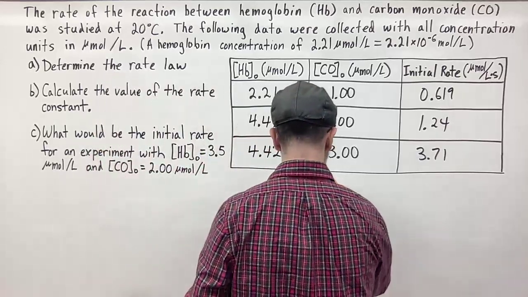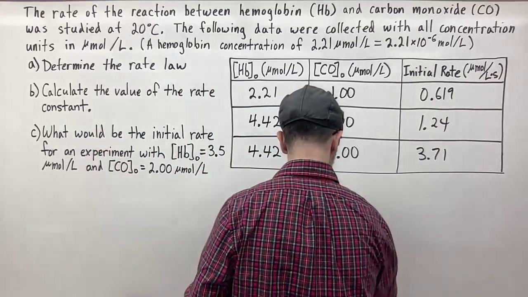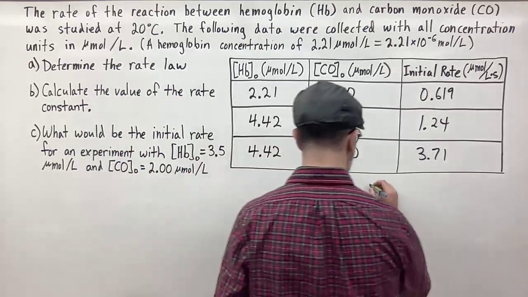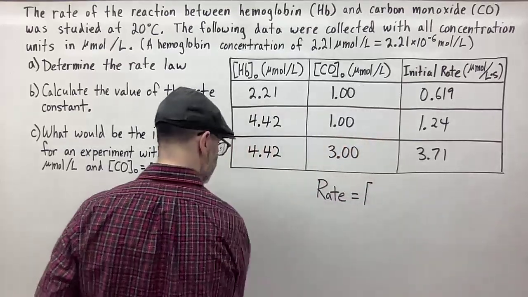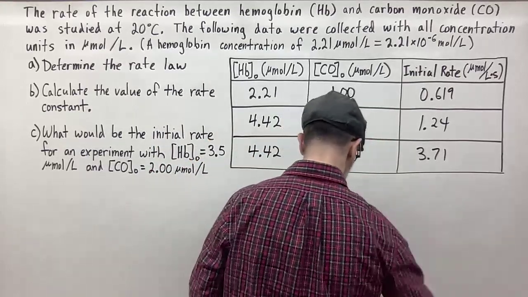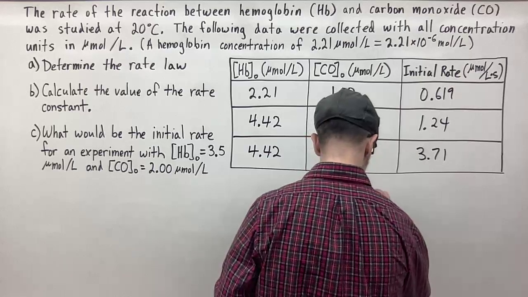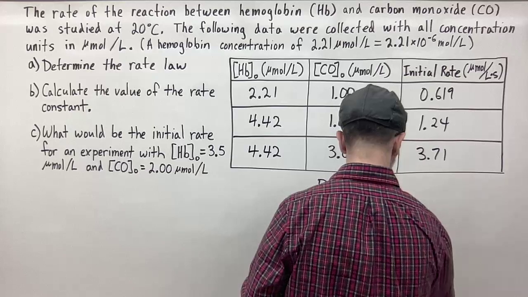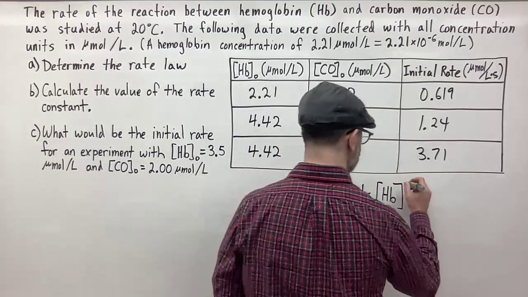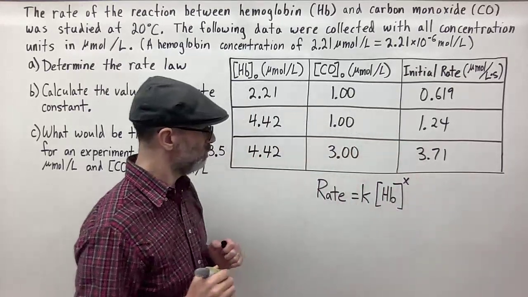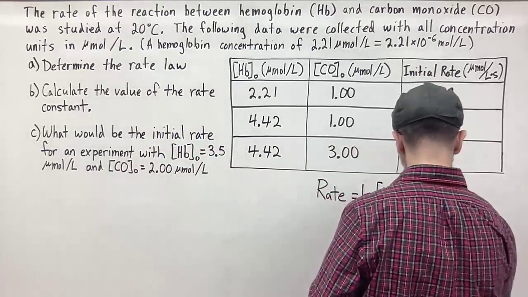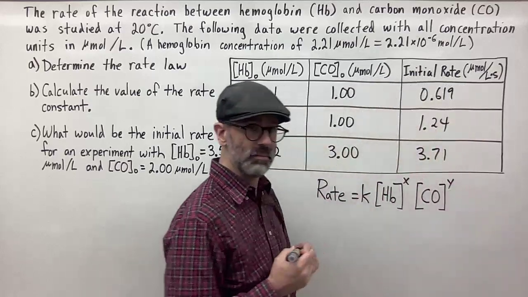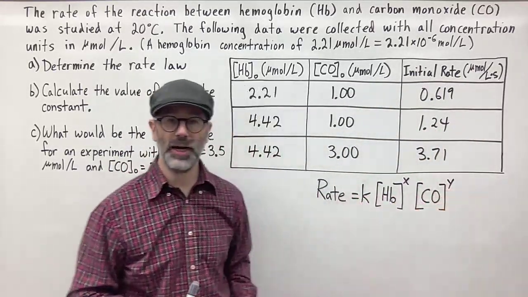The rate law for this reaction is going to be the rate of the reaction equal to the rate constant k times the concentration of hemoglobin to some power x, multiplied by the concentration of CO raised to some power y.